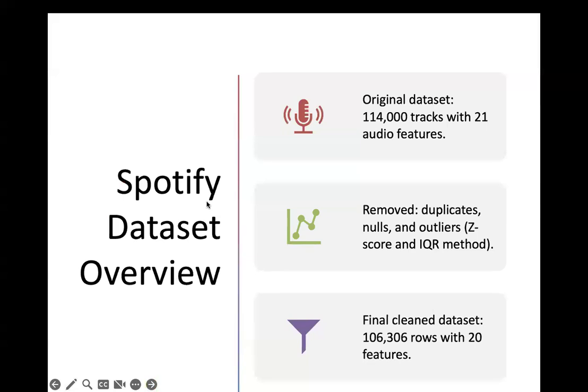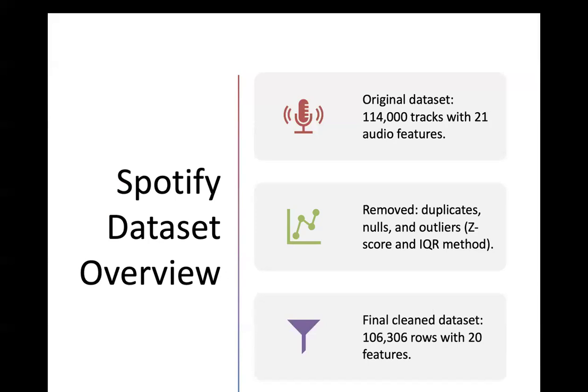The Spotify dataset has more than 1 lakh data rows with columns like valence, energy, danceability, tempo, and accuracy, which we use to calculate emotion. These features are derived using digital signal processing techniques.